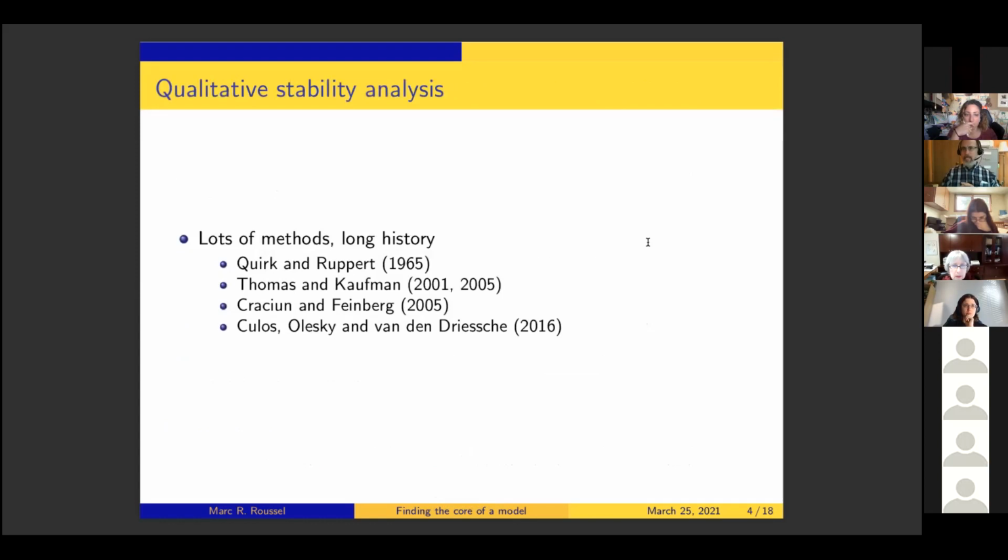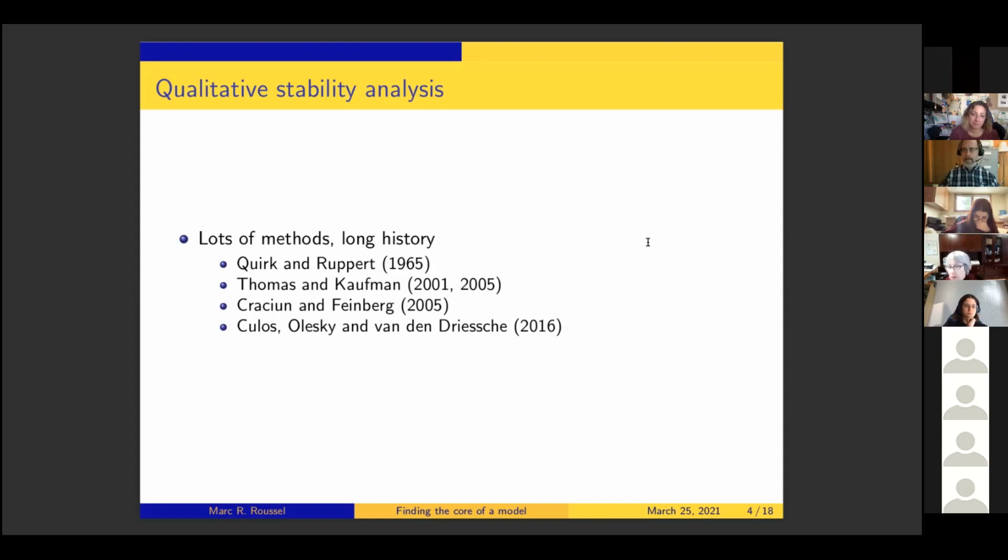So this actually takes us to some really old research, and this is a highly incomplete list and highly idiosyncratic as well. And there are holes in here that I'll fill in on the next slide. But there's a long history of qualitative stability analysis going back at least to the 1960s. The Quirk and Ruppert paper, by the way, is in economics. But lots of people over the years have made interesting contributions to this. There's some nice papers by René Thomas, the late René Thomas, and Marceline Kaufmann in Belgium.